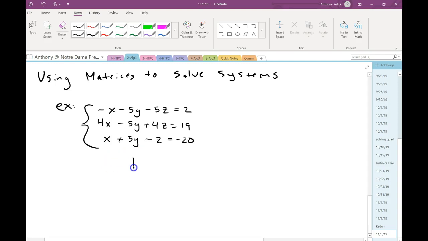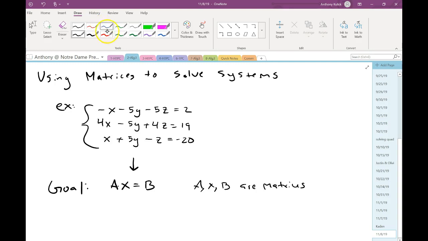I want it to turn into something like A times X is equal to B, where A, X, and B are matrices. That's my goal, to get something that looks like this. Everybody okay with that idea?